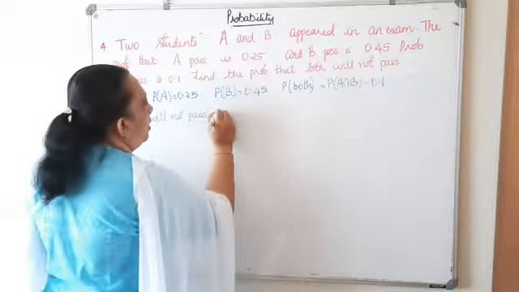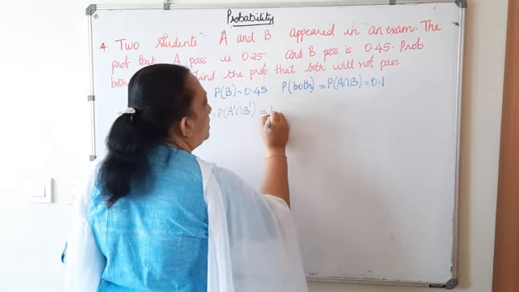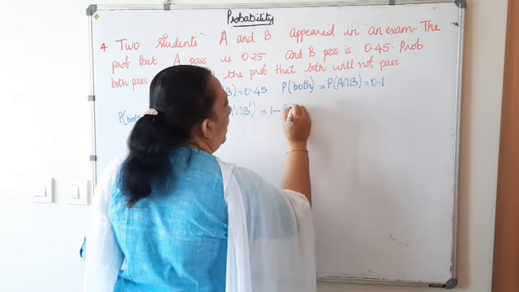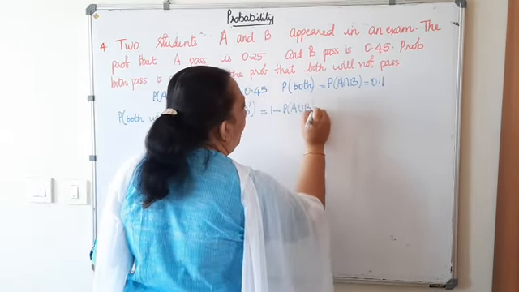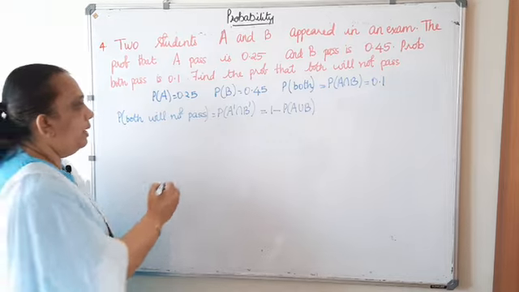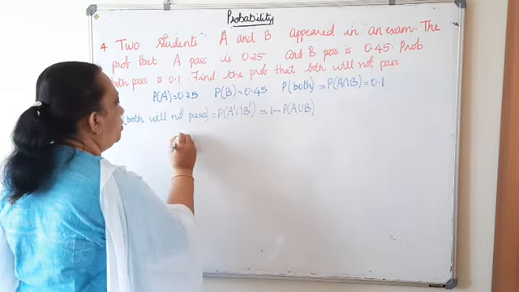Probability both will not pass is equal to probability of A complement intersection B complement, which is equal to 1 minus P of A union B. But P of A union B is not provided, but you can find it out by the axiomatic approach to probability.